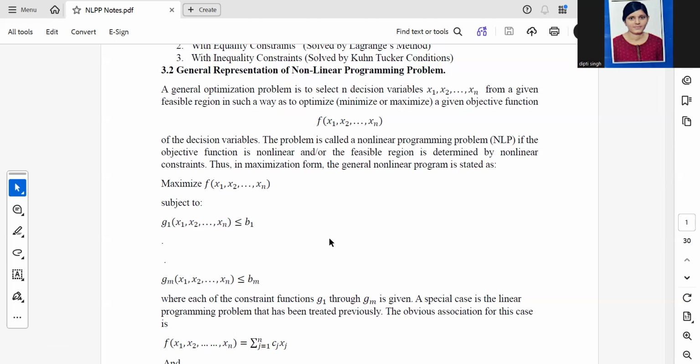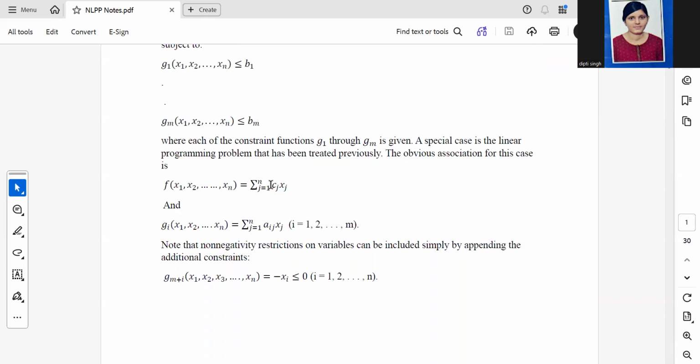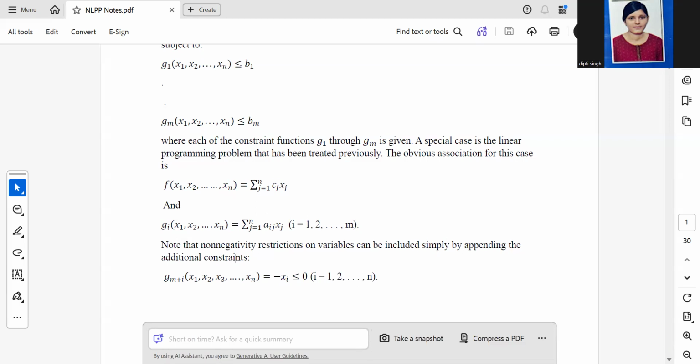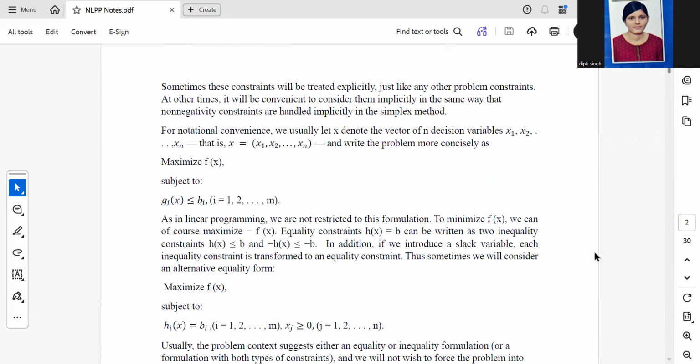Here there are n decision variables and m constraints. We can also write it as the summation over j equal to 1 to n of cj xj. This series represents the cost of the decision variables. This is the notation.